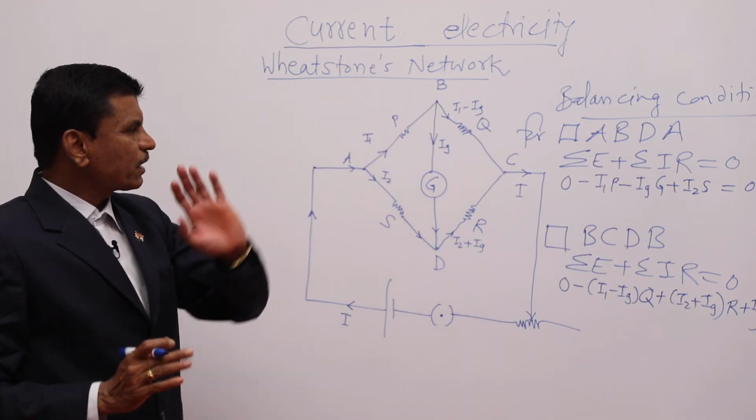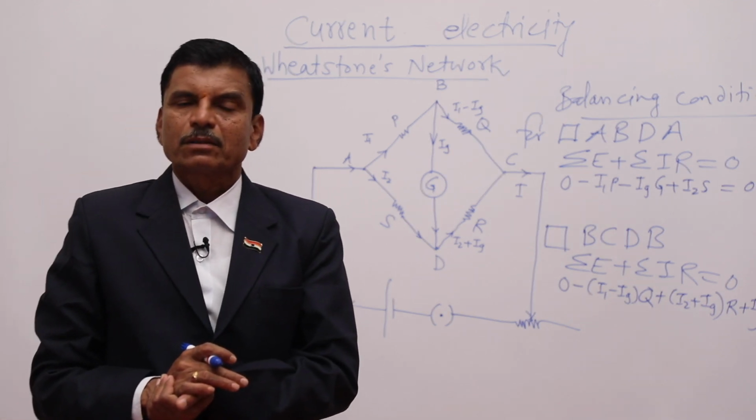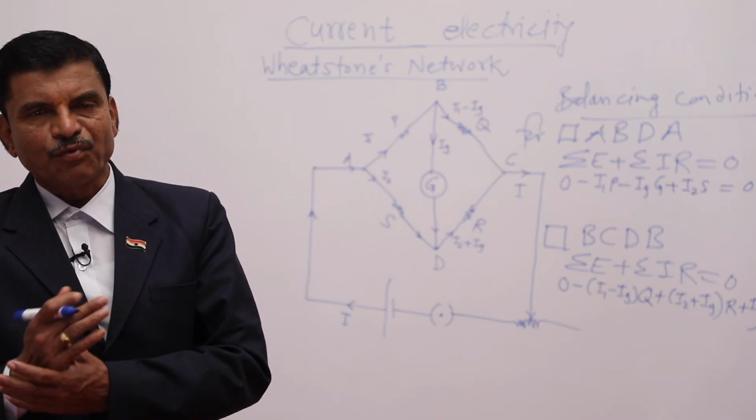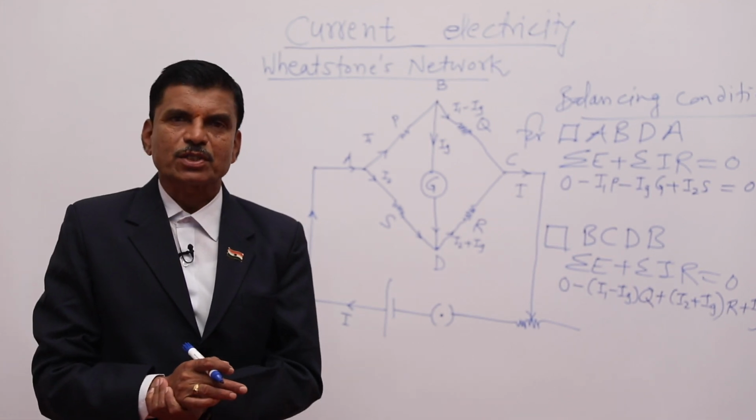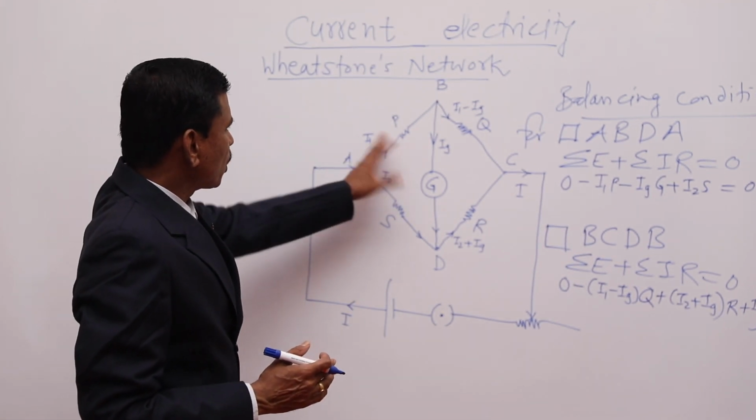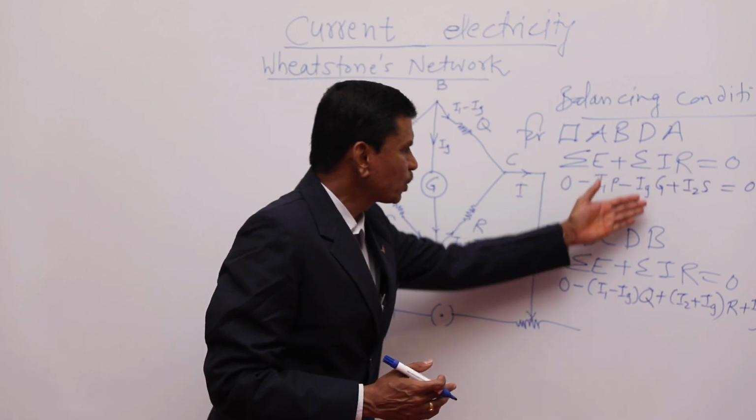Okay? So we get the two equations. So that is the way to use Kirchhoff's laws. We have applied Kirchhoff's law to two loops and found the two equations.